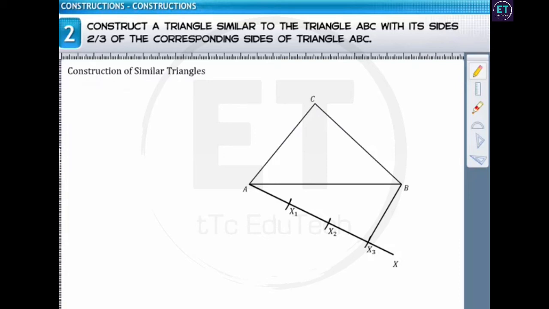Now, locate the smaller value in the given scale factor 2 by 3. It is 2.